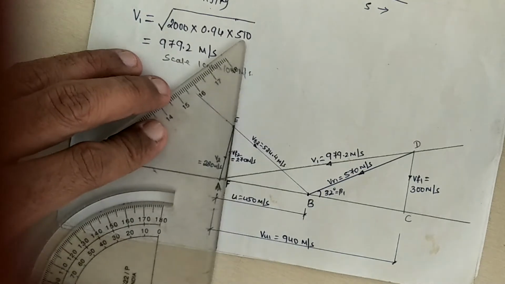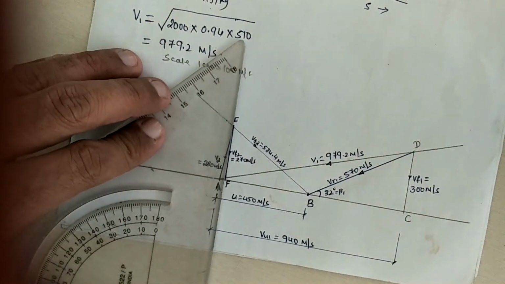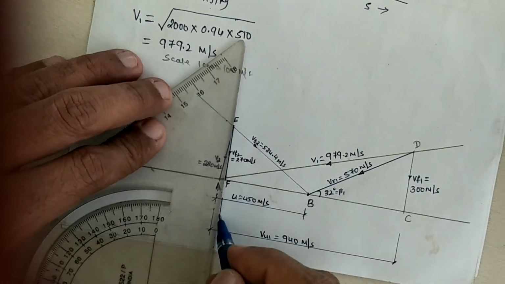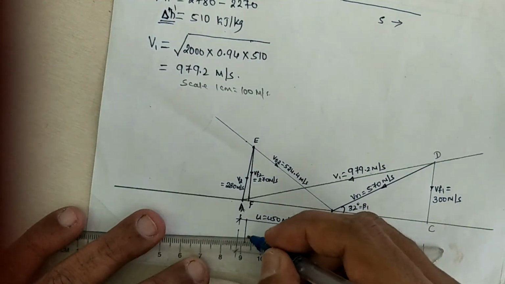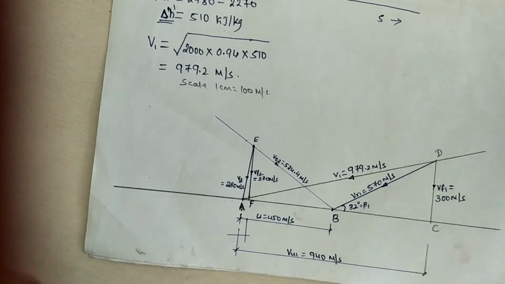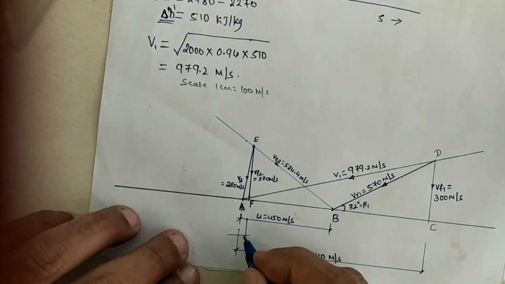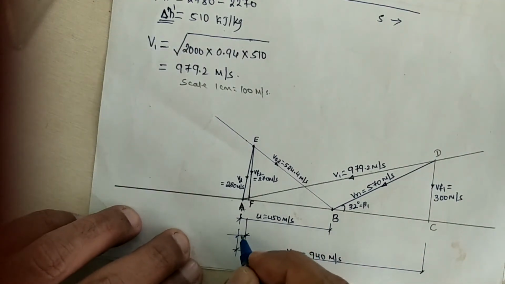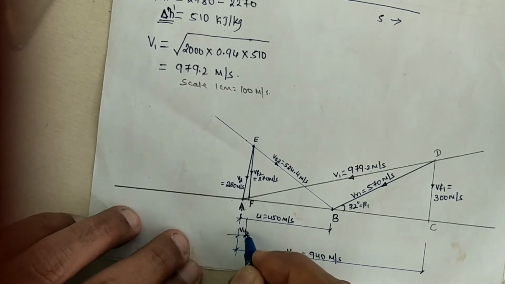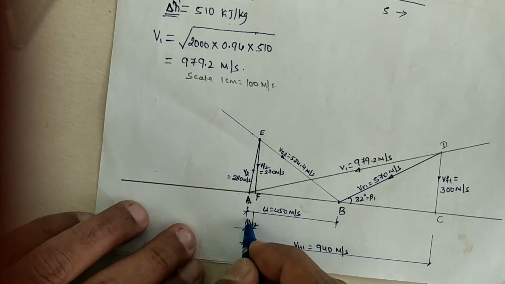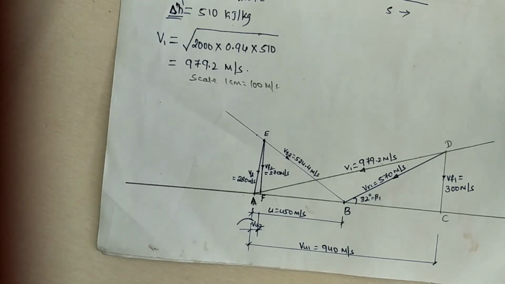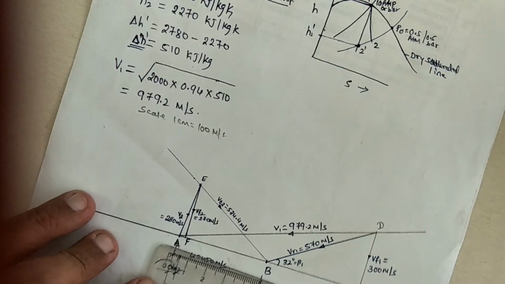So this is VU1. From point F draw one more vertical line. This line indicates VU2. The magnitude of VU2 is obtained by measuring AF and multiplying with scale.